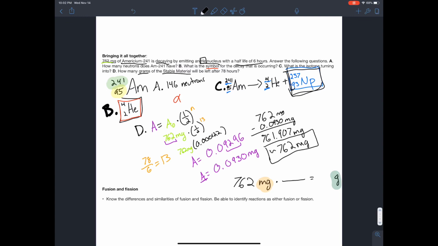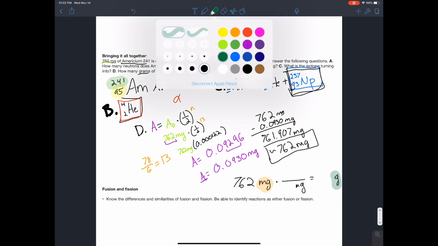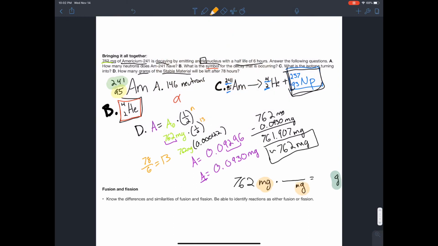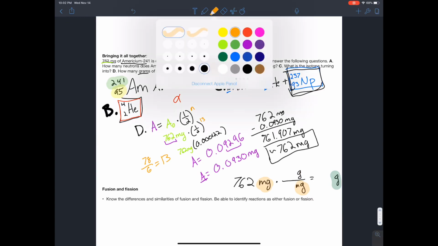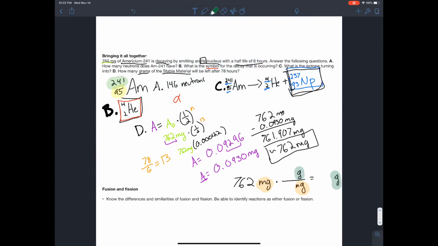We want to get rid of milligrams, and if you want to get rid of something, drop it like it's hot. So that's going to go down here, milligrams down here, still in orange. And that means that grams, to get our answer in grams, has to go up here. Grams are green.